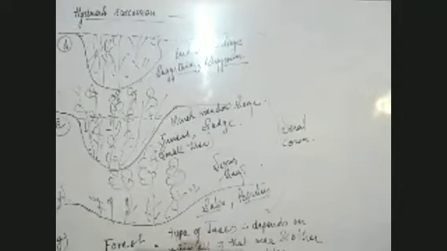So the statement which I gave, that all the successions proceed towards the mesic condition, if you are asked to justify this statement, will you be able to write something on it?